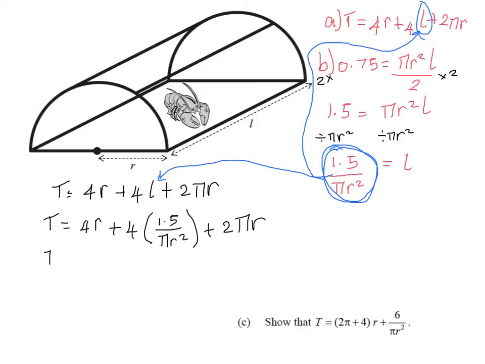All right, so we have T equals 4r plus 4 times 1.5 is 6, so that's 6 over pi r squared plus 2 pi r. All right, now looking at this, we have some similarities here. For example, we have the 6 over pi r squared here and the 6 over pi r squared here.